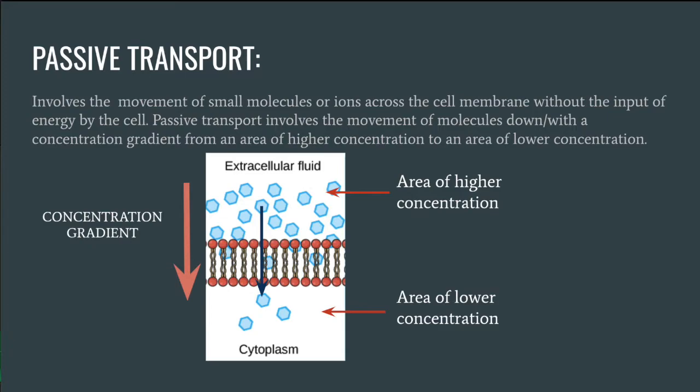And we don't need any energy because this transport involves the movement of molecules with the concentration gradient, meaning going in the same direction as the concentration gradient, from an area of higher concentration to an area of lower concentration. Have you ever been on a lazy river and you're going downstream? When you are going in the direction following the river's flow, you don't need to input any energy, and that's kind of the same thing as what happens with these molecules in passive transport.